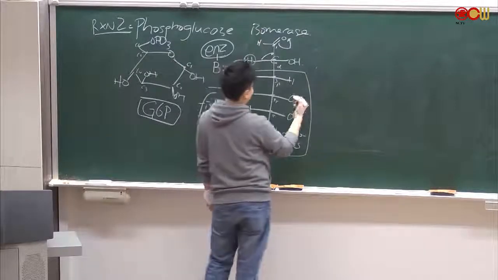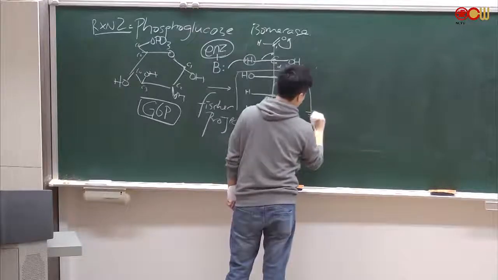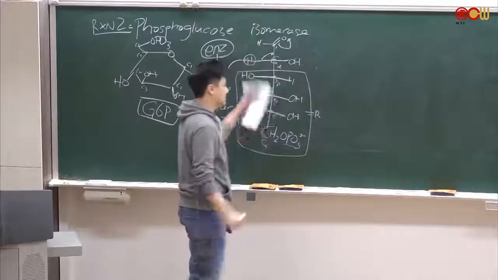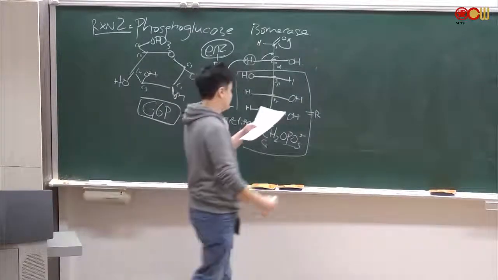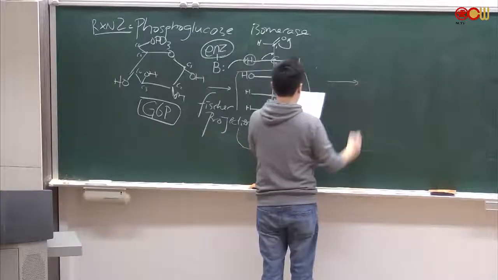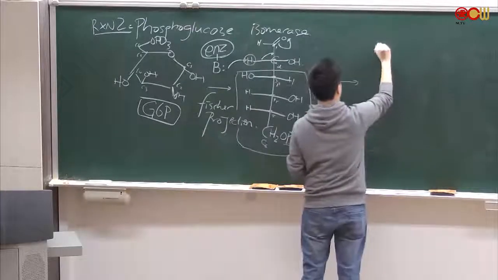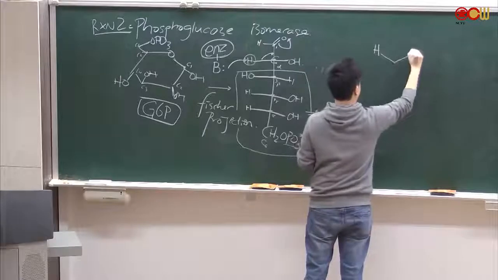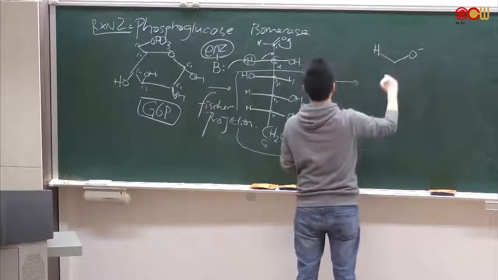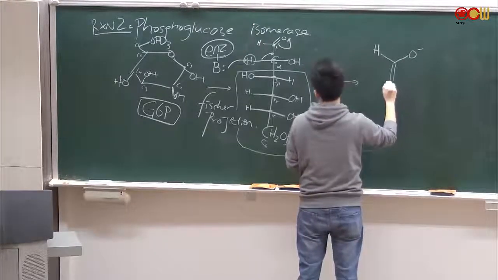So I'm going to call this R. I'm just going to abbreviate the lower part. So here you're going to have a hydrogen. Here you have an oxyanion looking thingy. This turns out like an enolate.